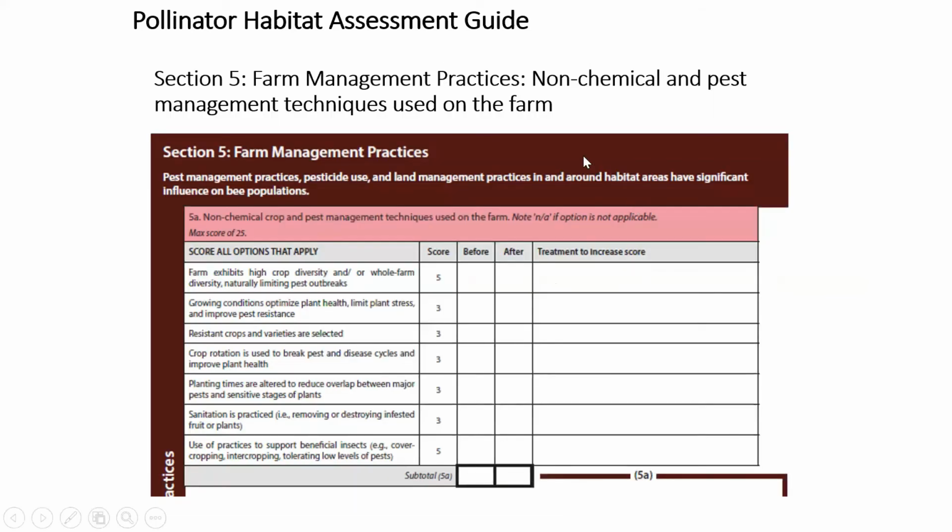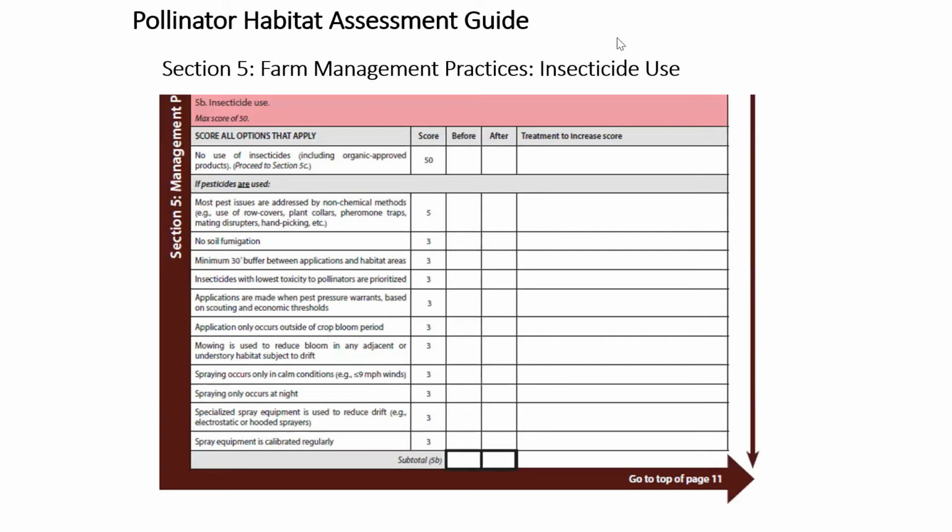And we're getting close to the end of this section. Farm management practices. There are non-chemical things you can do that would increase your score. And even if you are using chemicals, there are mitigation efforts that you can be making to decrease the risk of those insecticides on pollinators.